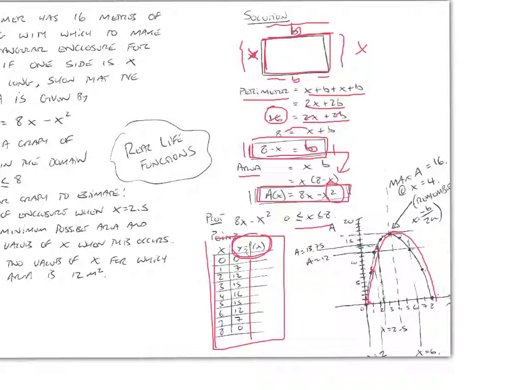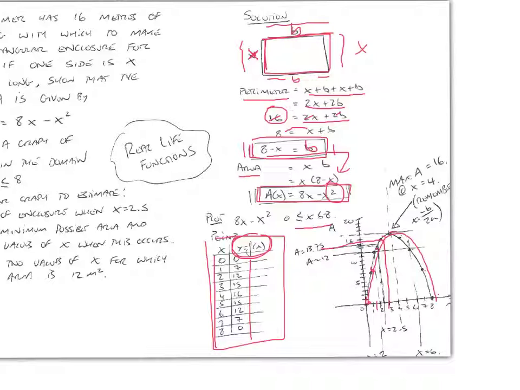We're asked to solve different parts of the problem. One part was to find the area of the enclosure when x is equal to 2.5. So we come up from x equals 2.5 and across, and we get the area equal to 13.75.